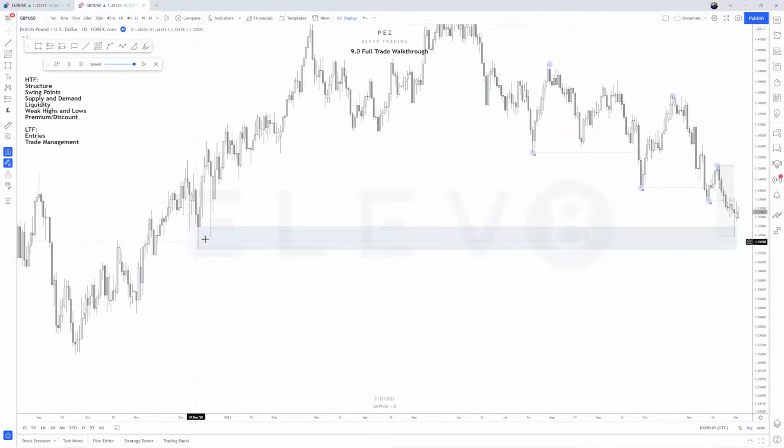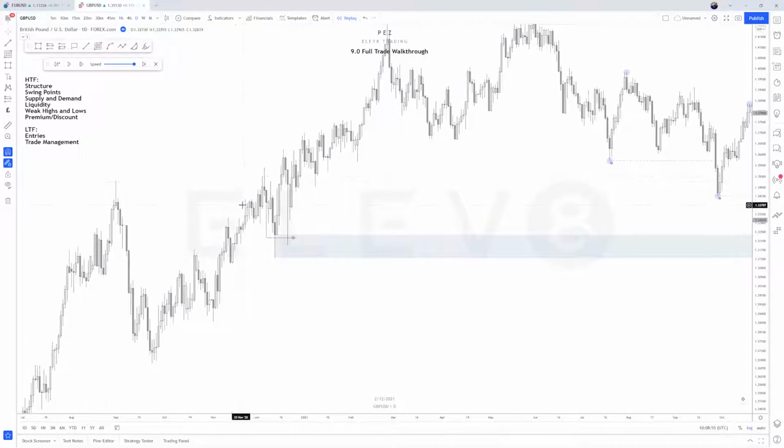But we're just making ourselves aware of where it came off of. As you can see, this wick swept liquidity there. It swept liquidity of this reaction point and also this one here.